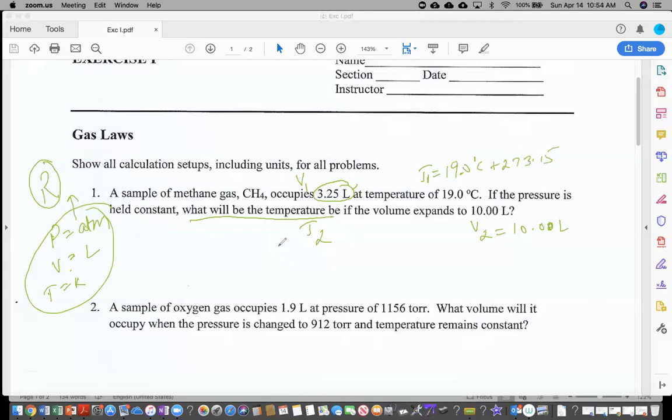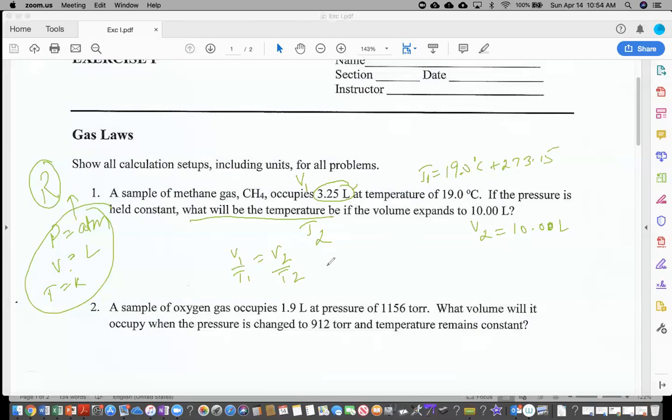And then you should also know what formula to use. Don't look into your notes, okay? I'm not, I'm just following along with you. When you use V1, V2 and T2 in this case, the formula is V1 over T1 equals V2 over T2.